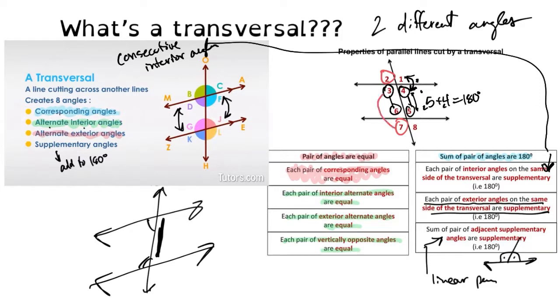Because 7 and 3 are the same, 2 and 6 are the same, 3 and 6 add up to equal 180, which means, angle 3 plus angle 6 is the same as saying, because 2 and 6 are the same, it's like angle 2. Because 3 and 7 are the same, I can substitute, and they have to add up to equal 180 just like the other ones, okay? So those are kind of all the different connections we have. So let's jump into some questions and see how we use those.